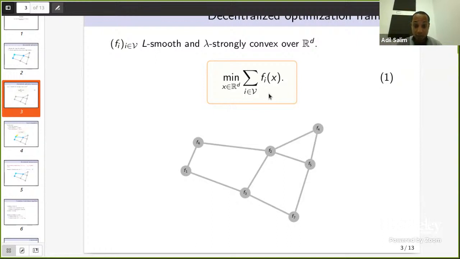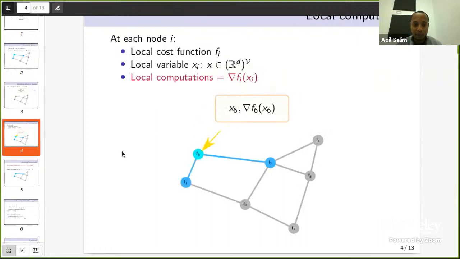So what does it mean to solve this problem distributively across the nodes? First of all, local computations are allowed. At each node is located a computing unit, and this computing unit has access to a local variable xi and the local cost function fi. The computing unit is allowed to compute the gradient of fi at xi.